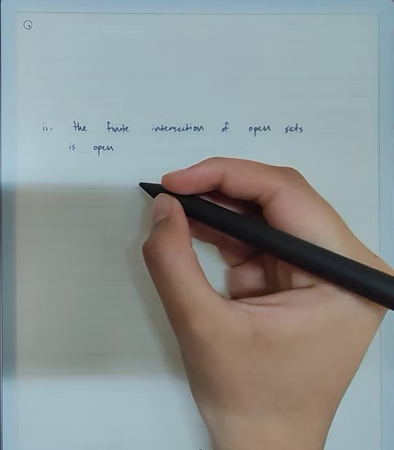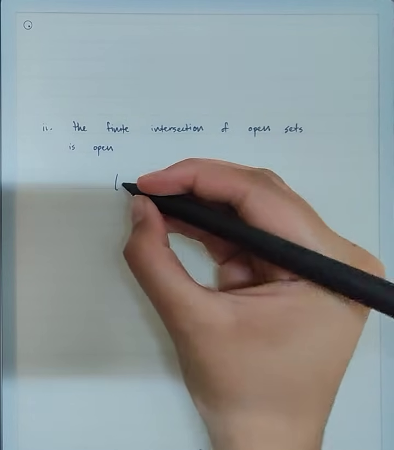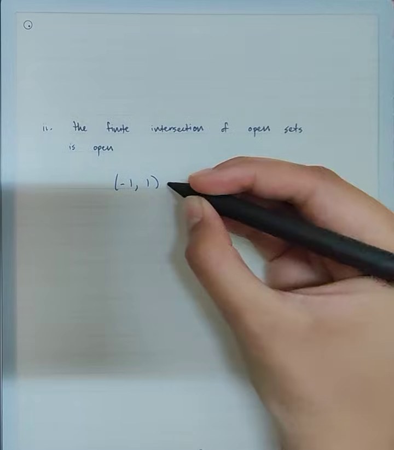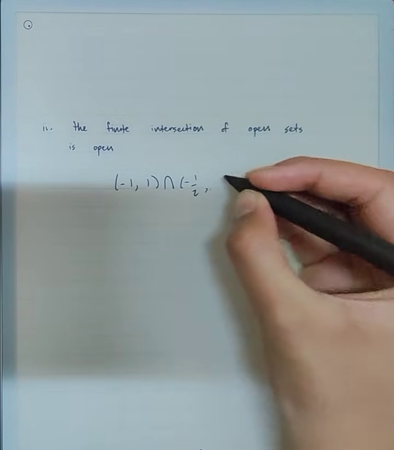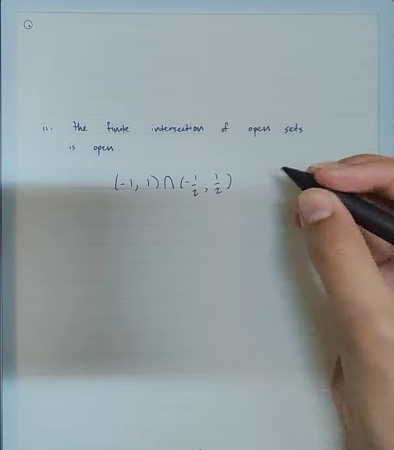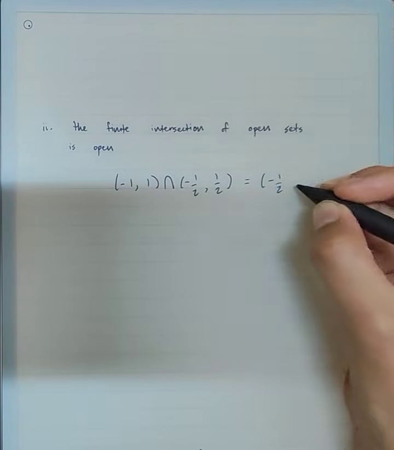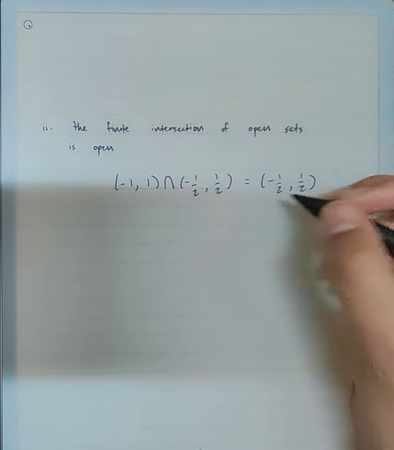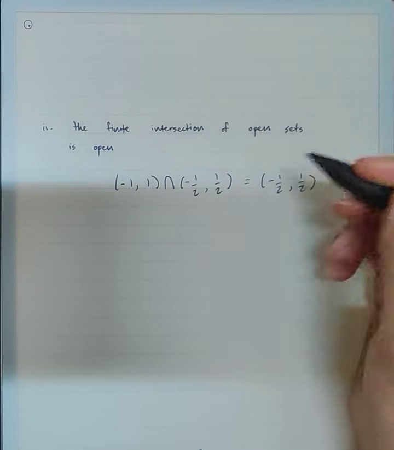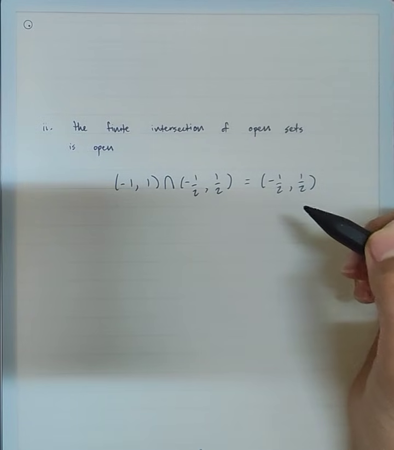So for an example, I can take (-1, 1) and take the intersection of that with (-1/2, 1/2). This is just equal to the open interval from -1/2 to 1/2. This is an open set again, based on the definition that we have defined.